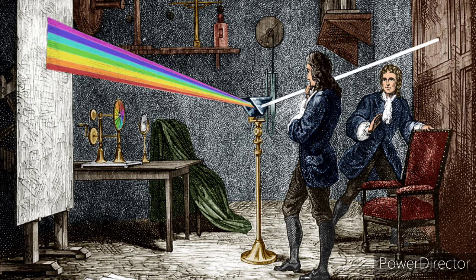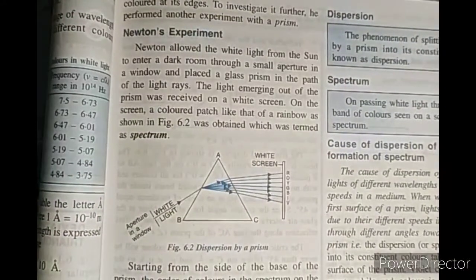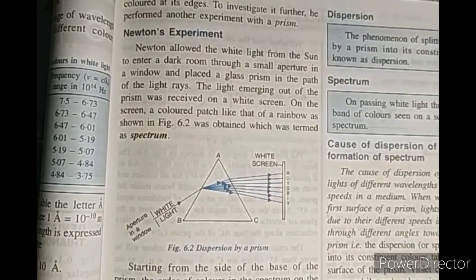Then he repeated the experiment with a carefully polished lens, but the image was still colored. Then he concluded that the fault is not with the lens, there is something in the nature of white light due to which the image is formed in color.